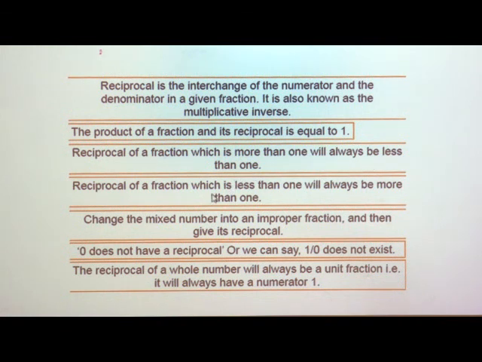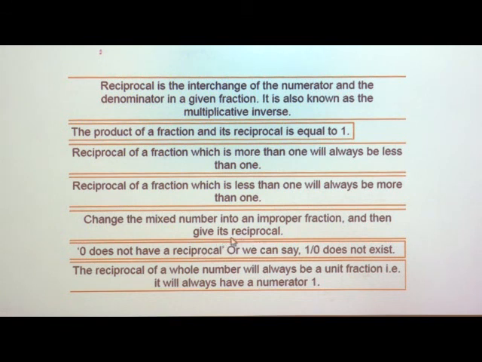Here the reciprocal is also an interchange. So, here we will say when it is less than 1, what will be the reciprocal of this? Will be more than 1. So, change the mixed number into an improper fraction and then give its reciprocal.